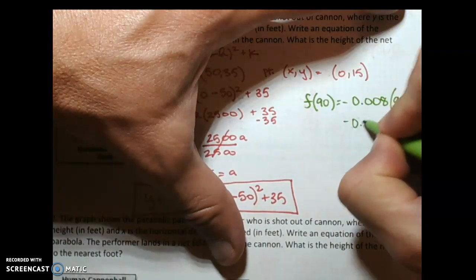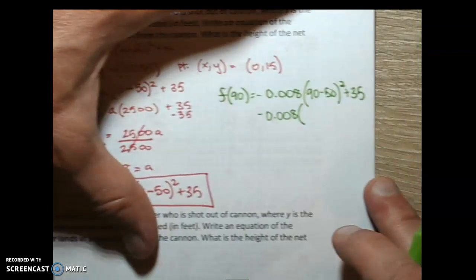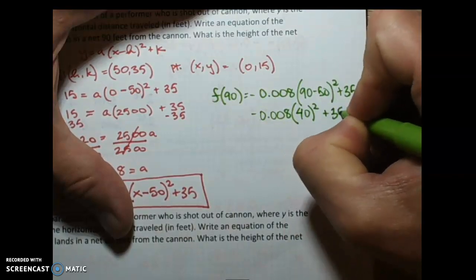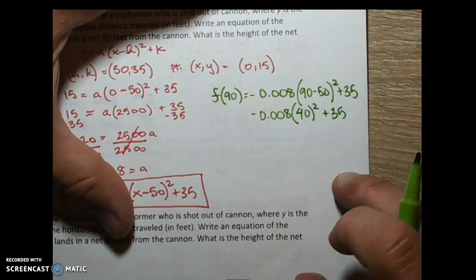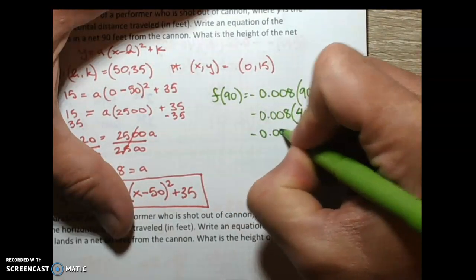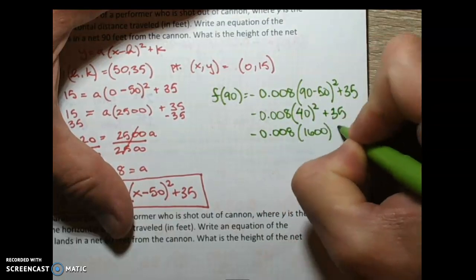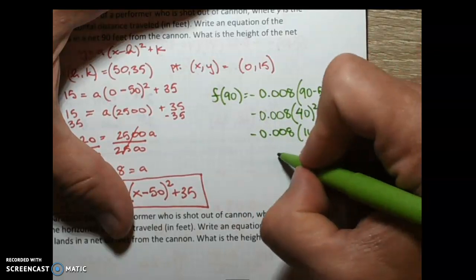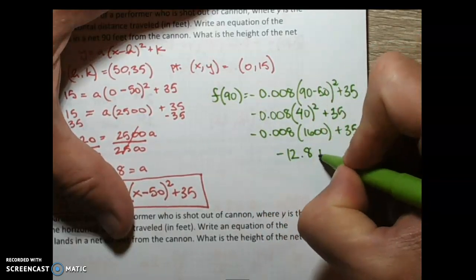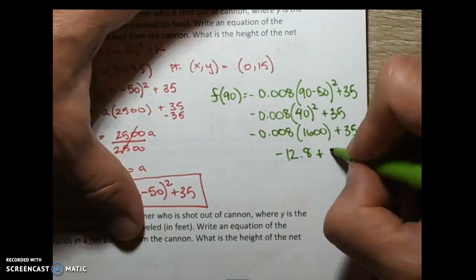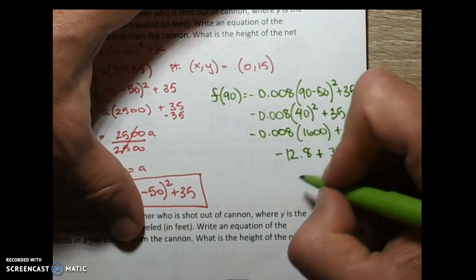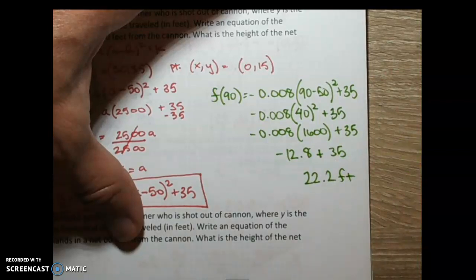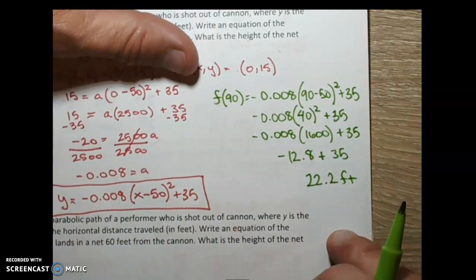Okay, so negative 0.008 times 40 squared plus 35. 40 squared is 1,600, so I get negative 0.008 times 1,600 plus 35. Multiply first. When I do that, I get negative 12.8 plus 35. And now combine those, and I get 22.2 feet. Okay, so the height is about 22 feet.